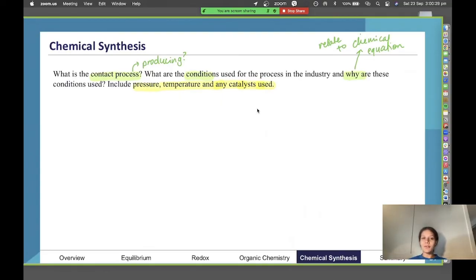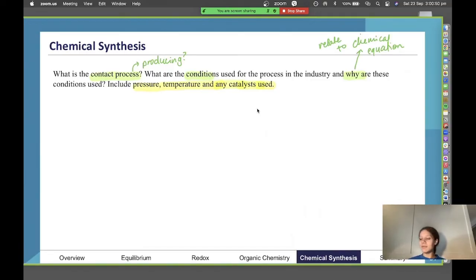As long as you have your main equations, what it is producing, the temperature, conditions, pressure, all those things down in a really short format, that's going to form the basis of your mark allocation in the marking guides for these questions. They really want to see that you hit each individual part correctly.